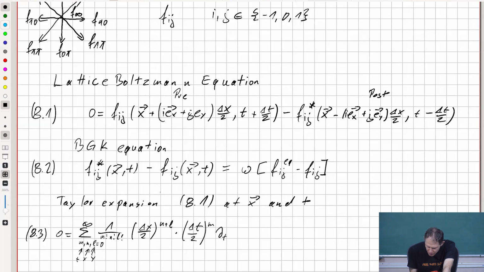And then come all these derivatives: the mth derivative in t, the nth derivative in x, and the lth derivative in y. So here we still have i to the power of n, j to the power of l for F_ij. I don't write that this is at x and t because this is our development point.